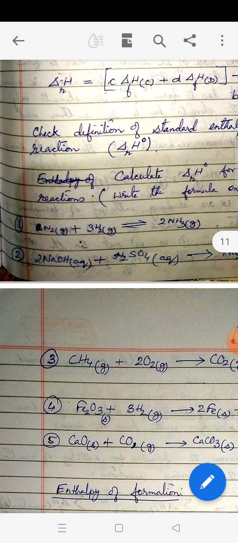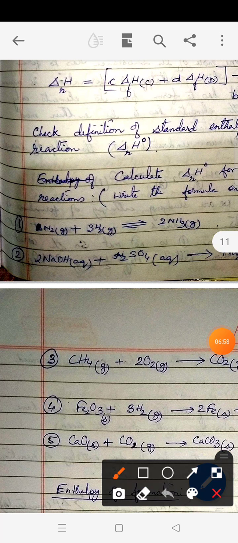So the enthalpy of reaction will be 2 into the enthalpy of formation of ammonia minus, since the coefficient of nitrogen is 1, we need not write 1, the enthalpy of formation of nitrogen plus 3 into the enthalpy of formation of hydrogen. That's all you need to write.